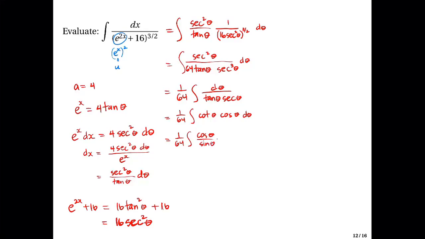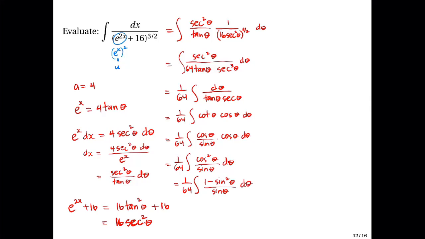And then multiply this to cosine theta, d theta. Or we have here 1 over 64 integral of cosine squared theta over sine theta d theta. But cosine squared theta, that's just 1 minus sine squared theta. And then you have here over sine theta d theta.